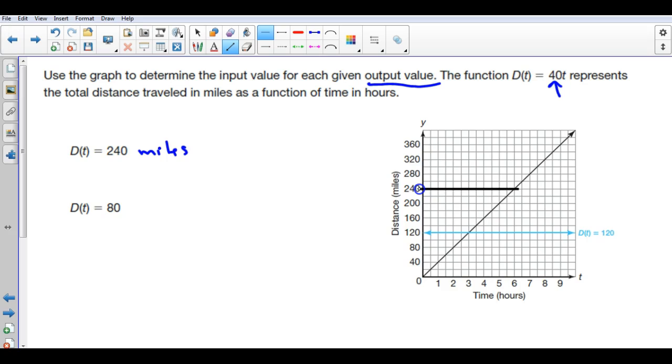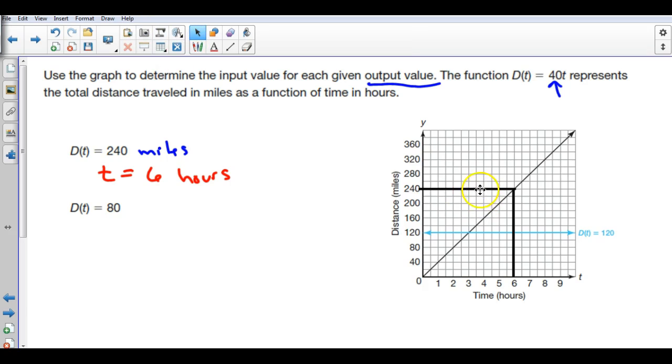And we're going to find that intersection. It crosses my function line here, and then we'll go straight down, and we can see that 6 hours would give me 240 miles. So what you would do is say t equals 6 hours. So if the person travels 6 hours, they would be at 240 miles.